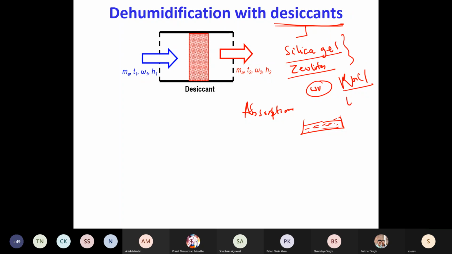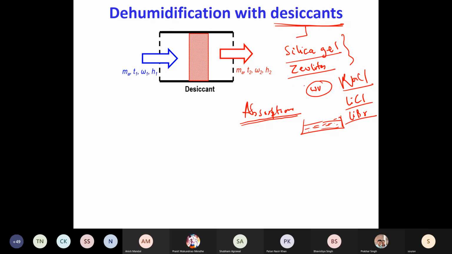There are other salts like LiCl, lithium chloride, lithium bromide. These are all salts which have affinity to water vapor, even in solution form. The state of water after absorption is actually liquid water, and that's why they form a jelly-like substance after they become saturated with water.